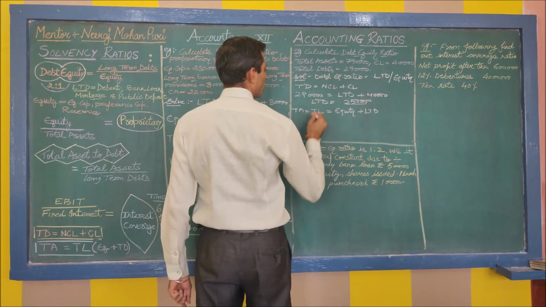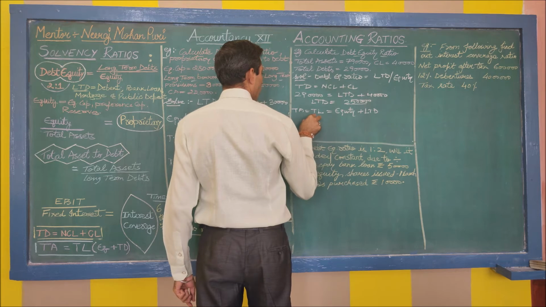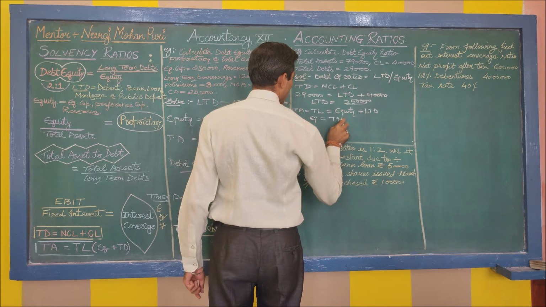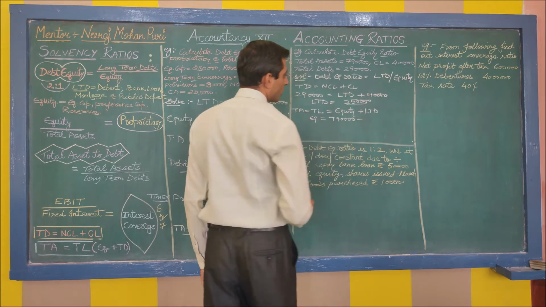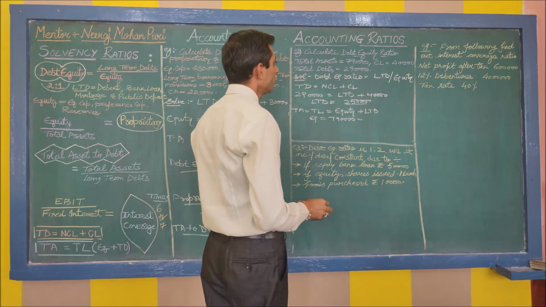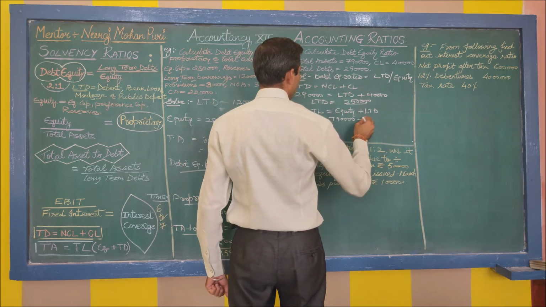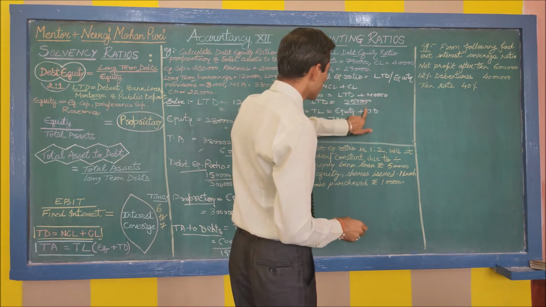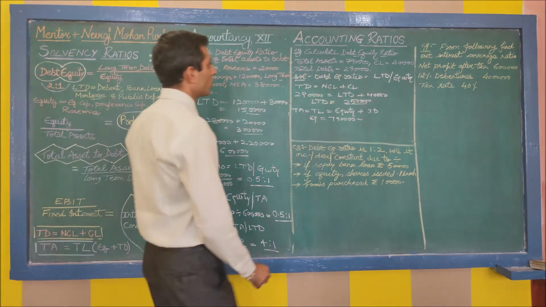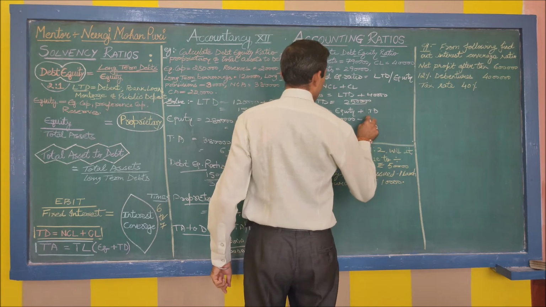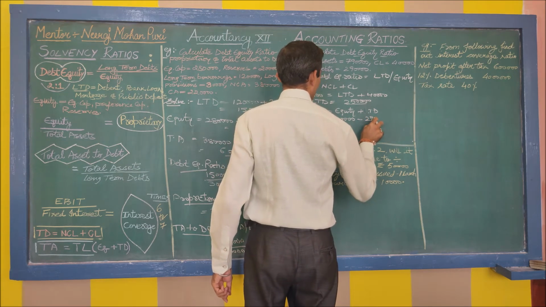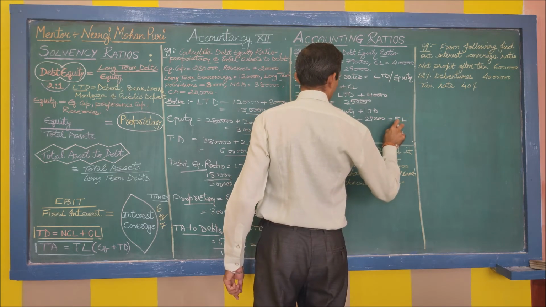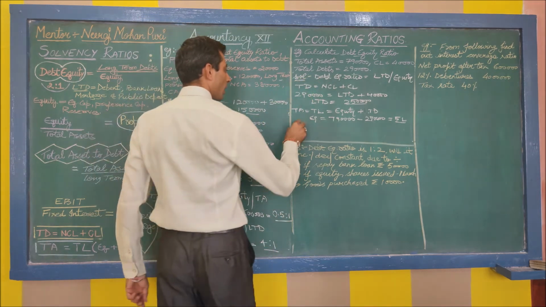Total liabilities is equal to total assets, so equity is equal to 7,90,000 minus total debts. It is not long-term debts, it will be total debts, and the total debt value is 2,90,000. From here we will get 5 lakhs. Substitute the value in the formula and you are done.